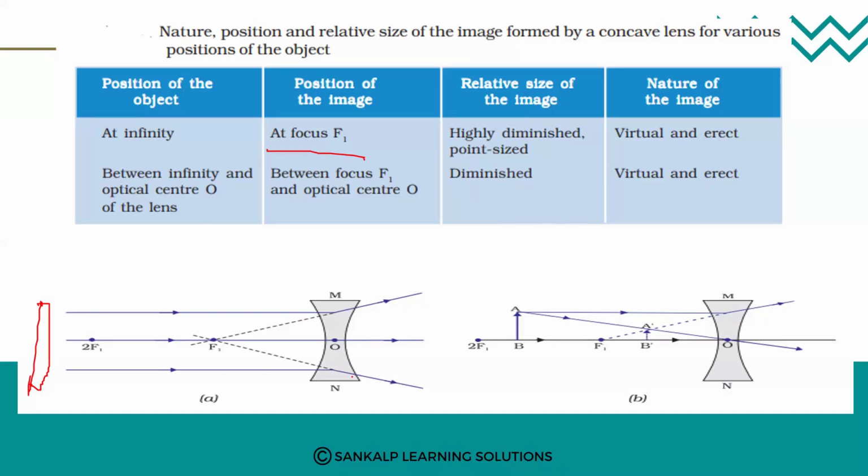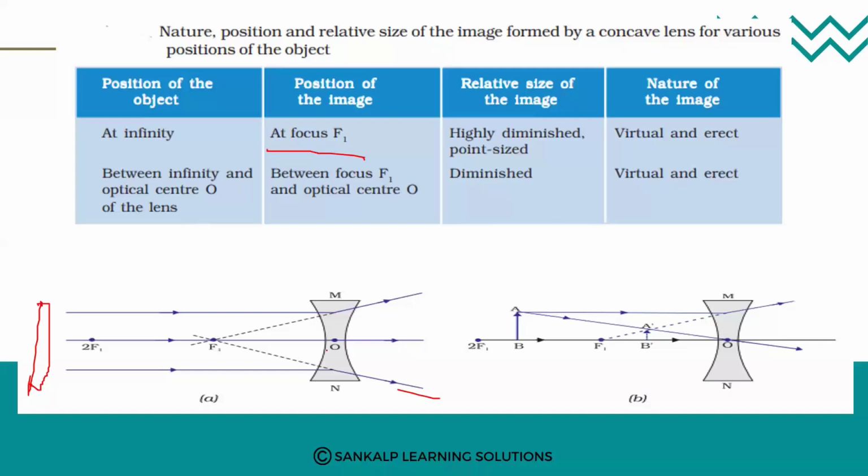After refraction, one goes like this and one goes like this. So if we drag them back, these two rays will meet at this point, that is F2, right?